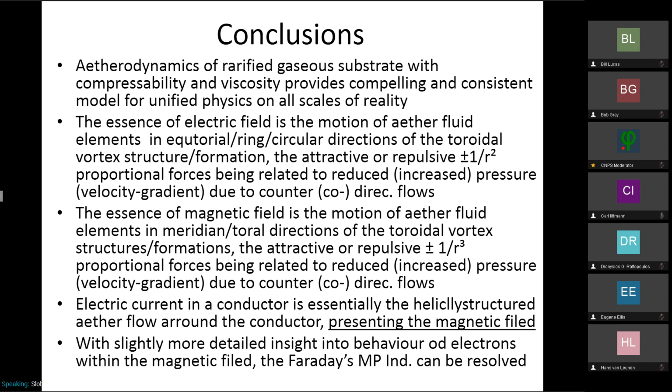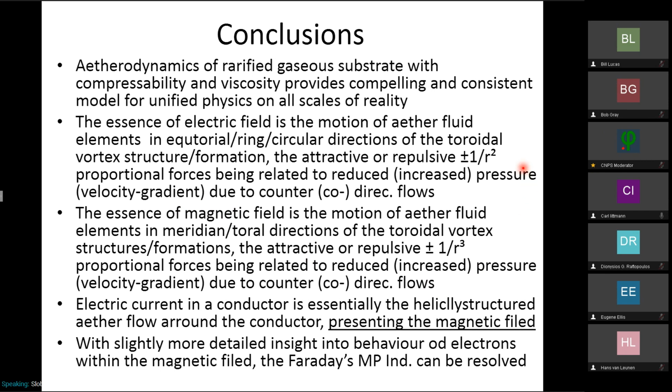The essence of the electric field is the motion of ether fluid elements in equatorial, ring or circular directions of the toroidal vortex structure or formation. The attractive or repulsive plus or minus 1 over r squared proportional forces are related to the reduced or increased, alternatively, pressure or velocity gradient due to the counter or co-directional flows.